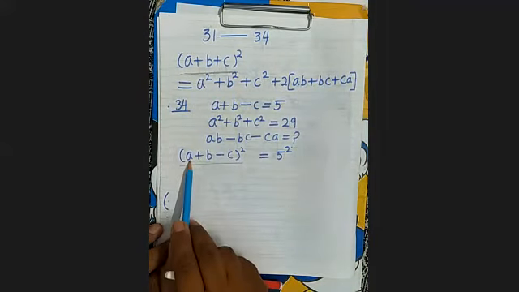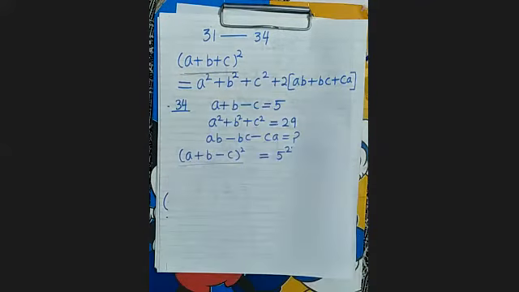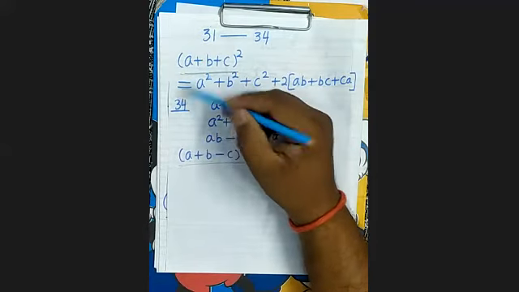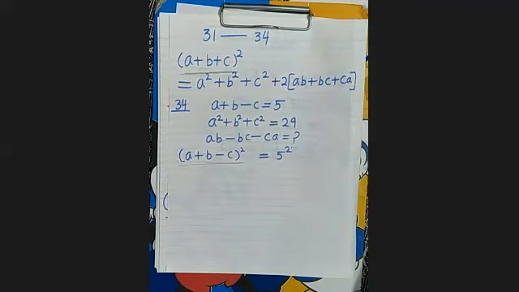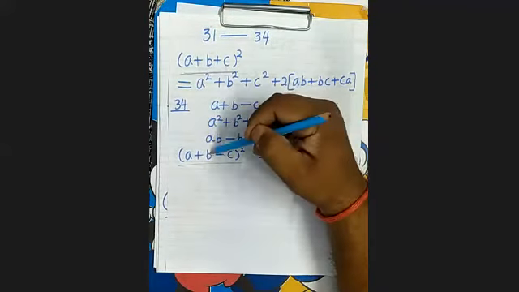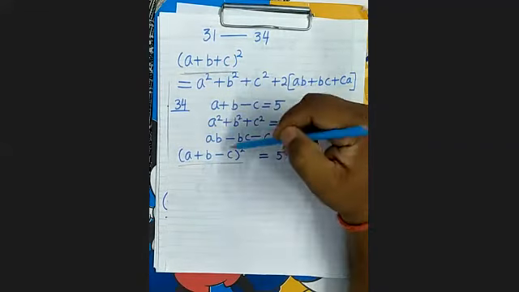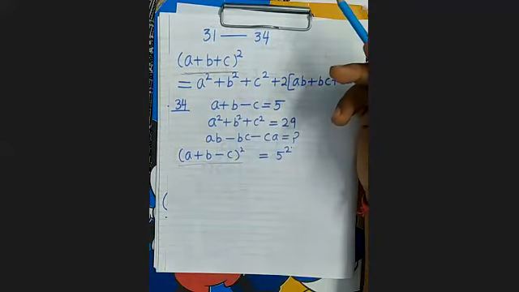What will you get in place of a? A. What is in place of b? B. What is in place of c? Minus c. Very good.